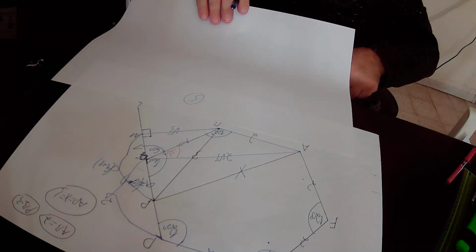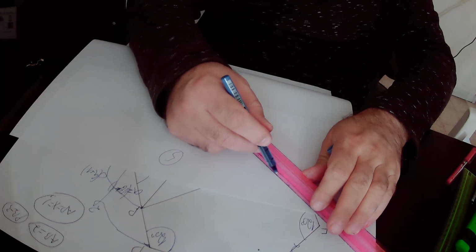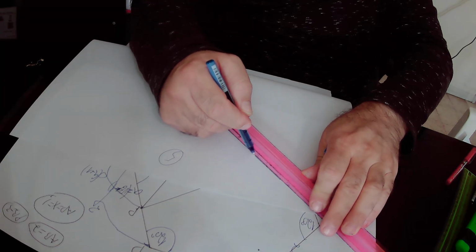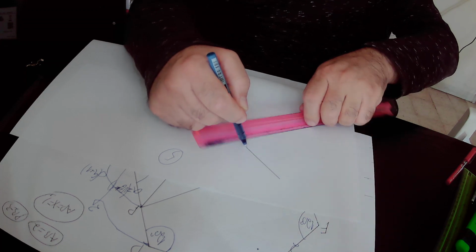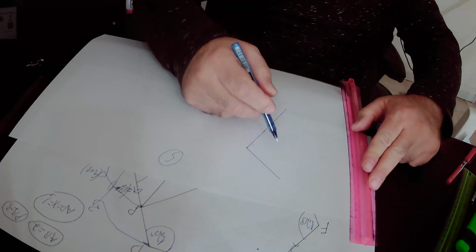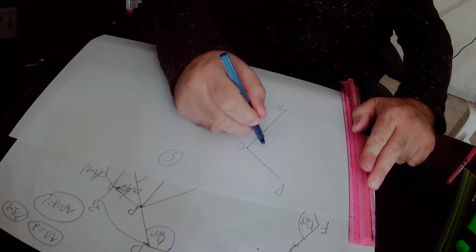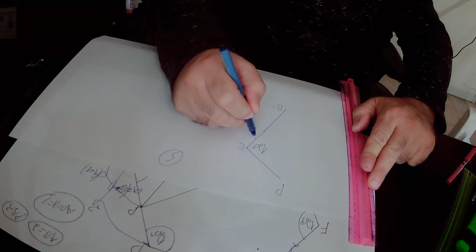We have the big angle PCB. This angle PCB is equal to 120 degrees.